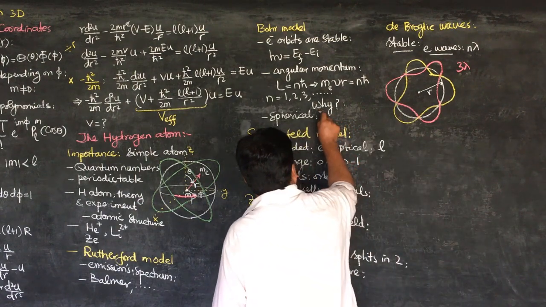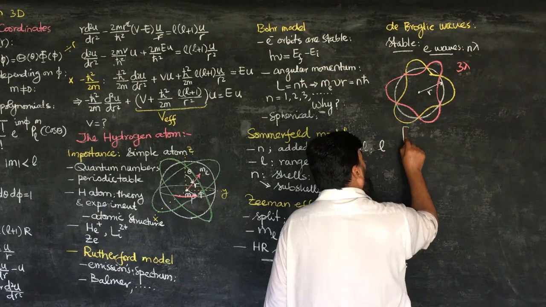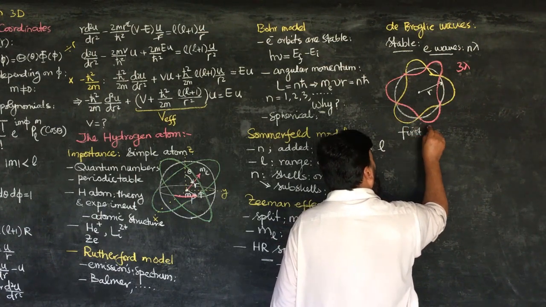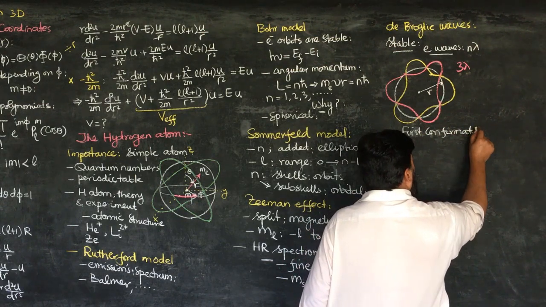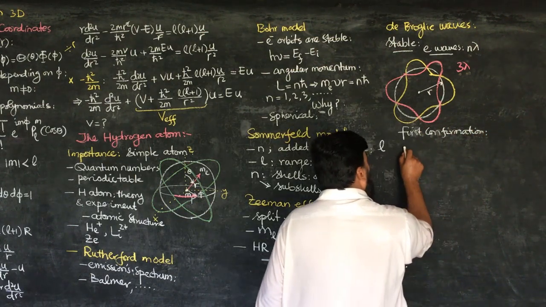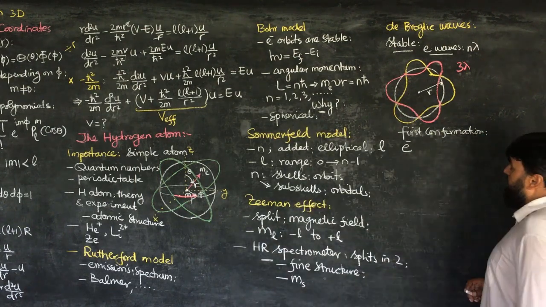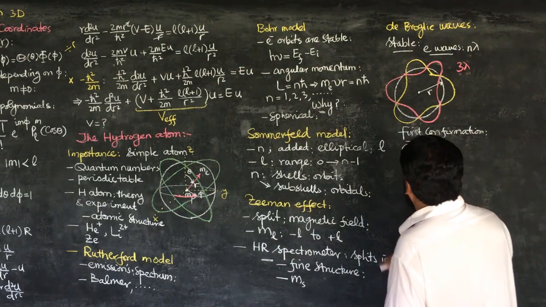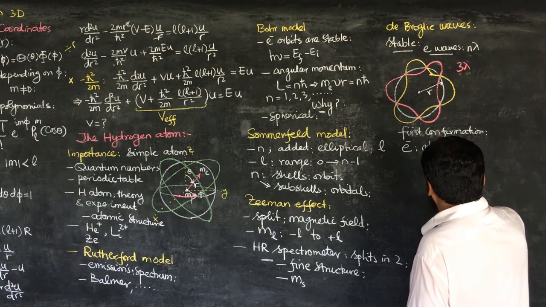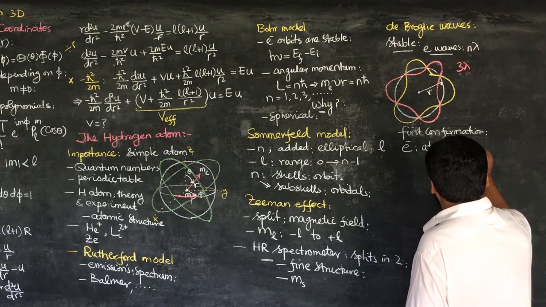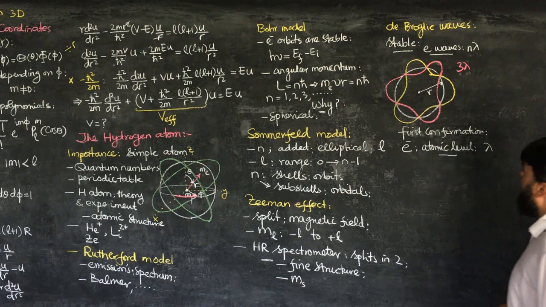The reason for that was given by de Broglie, and this was the first confirmation that the electron, which was considered only a particle, behaves like a wave at the atomic level.